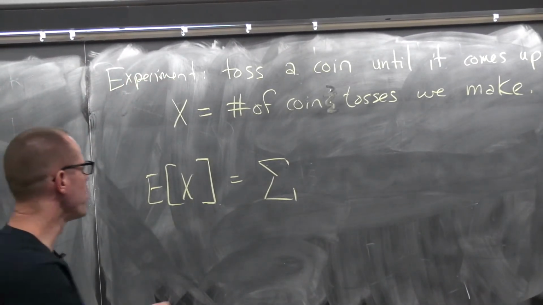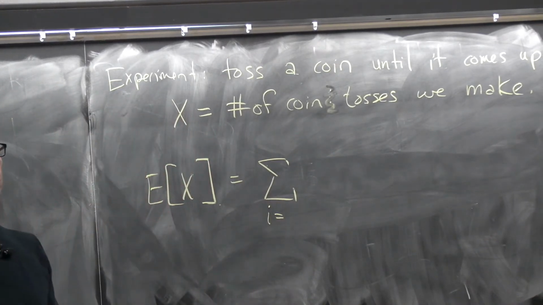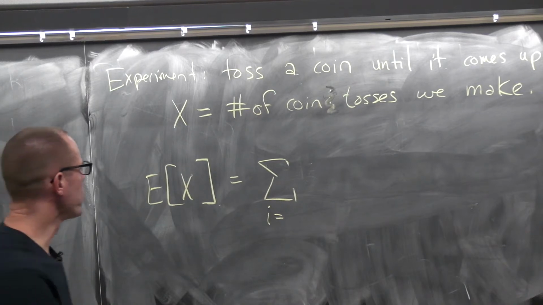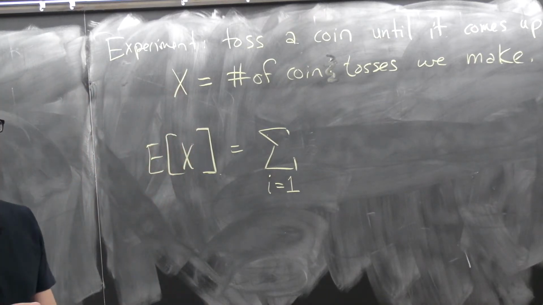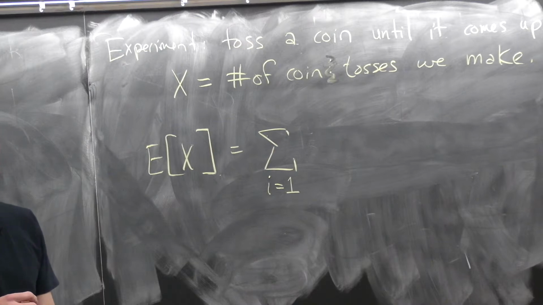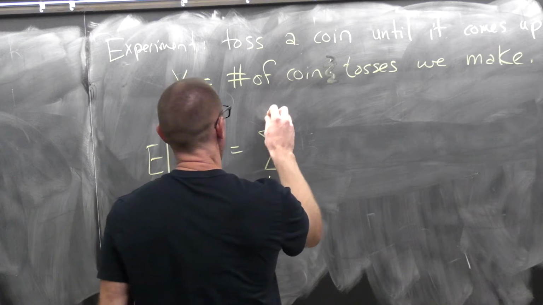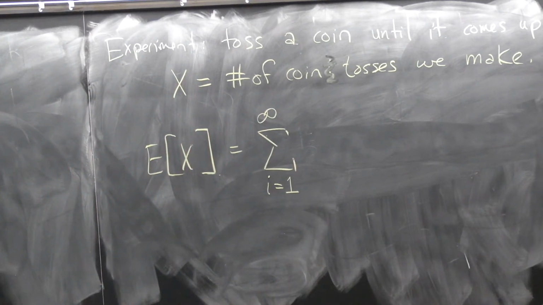So this sum starts where? 0? 1. There's no 0, we have to toss at least one coin. And it stops where? It doesn't. It's an infinite sum. For every positive integer n, there's some probability that that's exactly how many coin tosses we make.